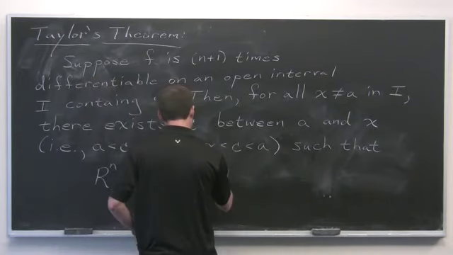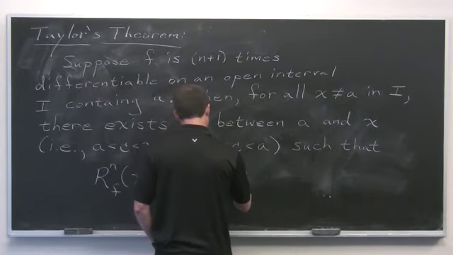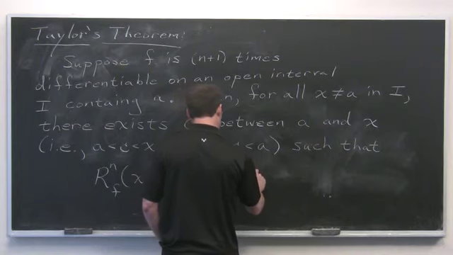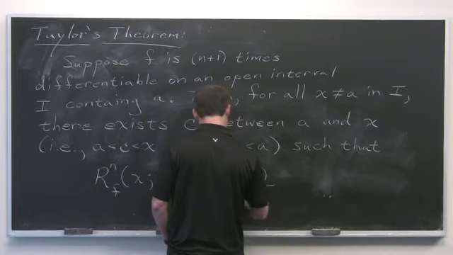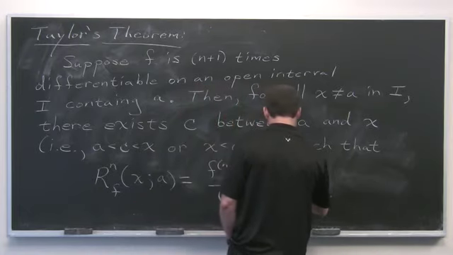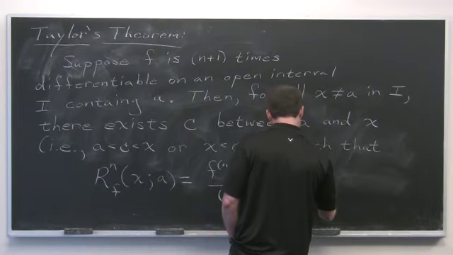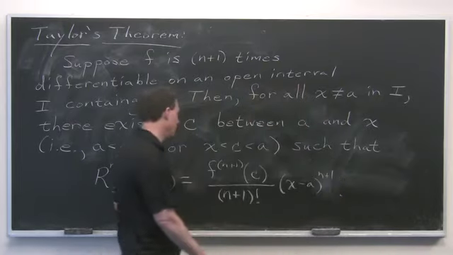But aside from that, it looks like the n plus first term in the Taylor polynomial. So you have divided by n plus 1 factorial and x minus a to the n plus 1.